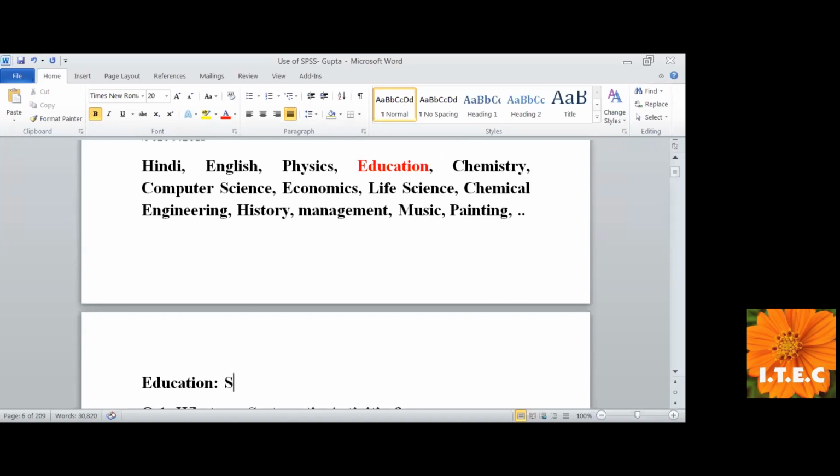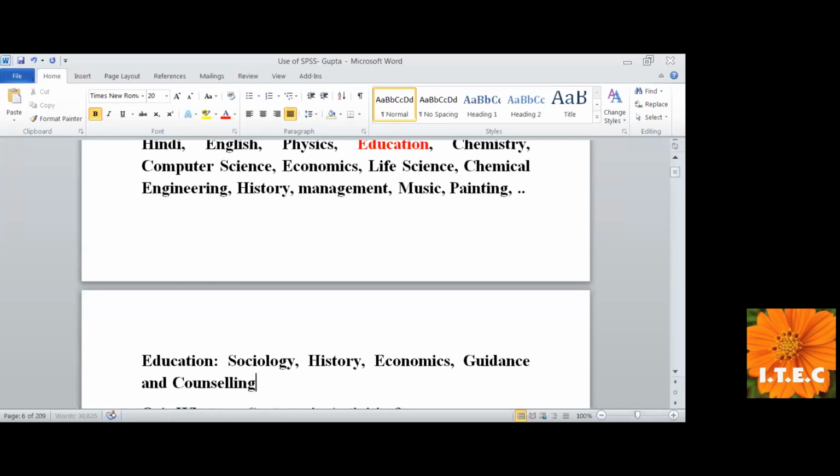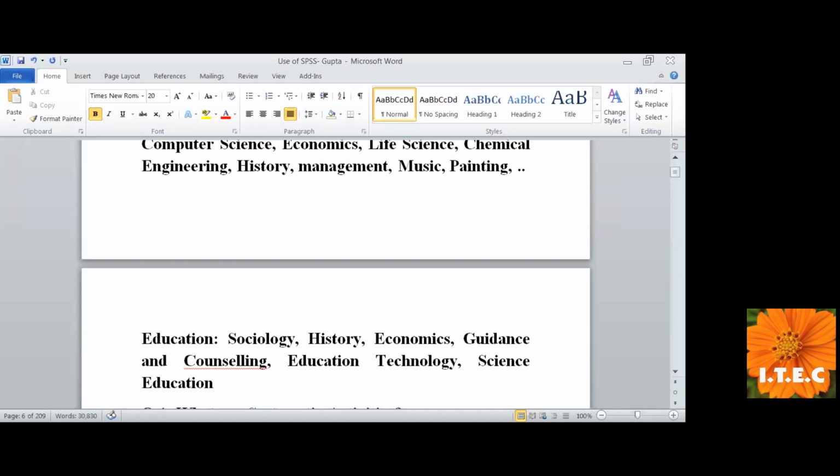In education, you have the sociology of education, history of education, economics of education, guidance and counseling, then education technology, then science education, non-formal education, so like this. There are so many.